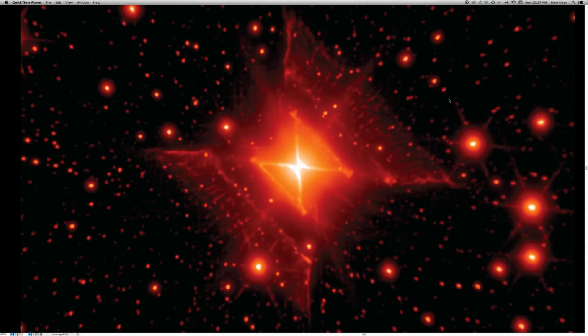Well, this is the Red Square Nebula, and I suppose what we can see are some main axes at more or less 90 degrees, not quite, and then there's these subsidiary radials, quite clear through there.